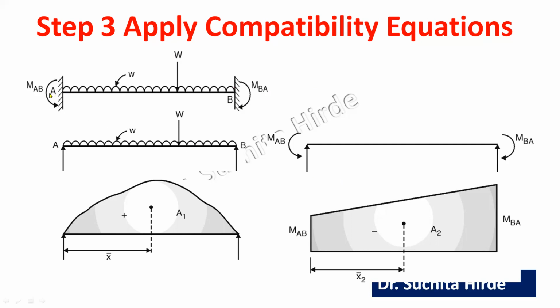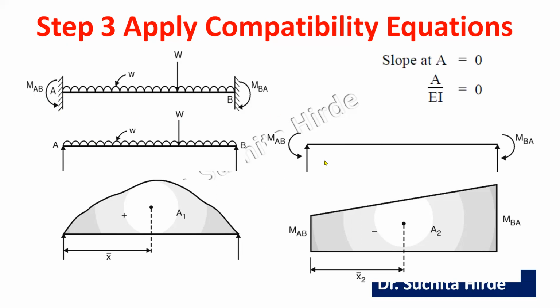In fixed beam, we know that slope at A and slope at B is equal to 0 due to fixity. Similarly, deflection at A and deflection at B is equal to 0 due to fixed support. So these conditions we can apply to calculate MAB and MBA.